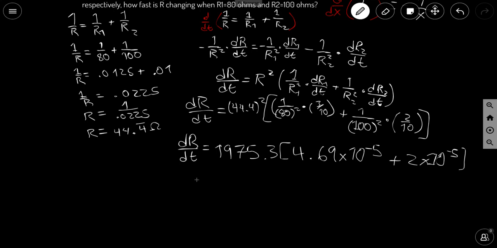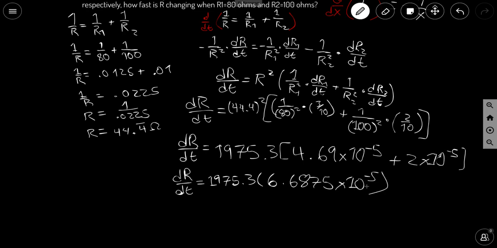And from here, let's just go ahead and add these two numbers up, giving us 6.6875 times 10 to the negative fifth.